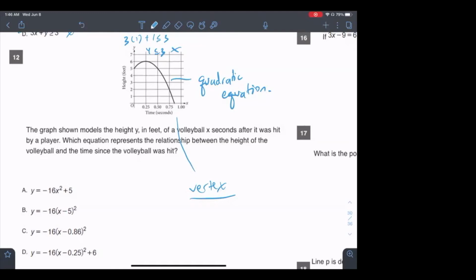Sorry about that. So yeah, for this question, you would have to find the vertex of the equation. The vertex is the highest or lowest point on the graph.